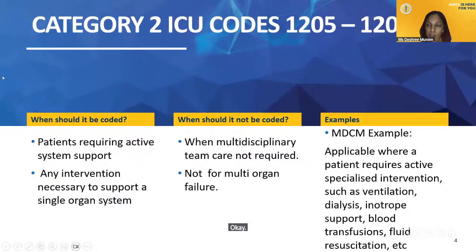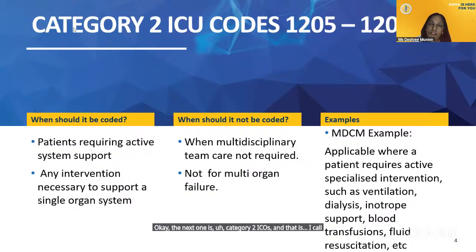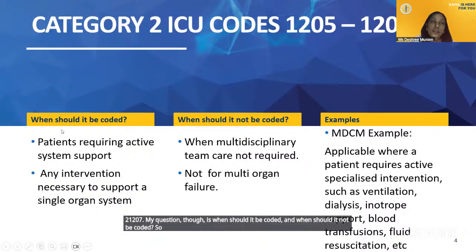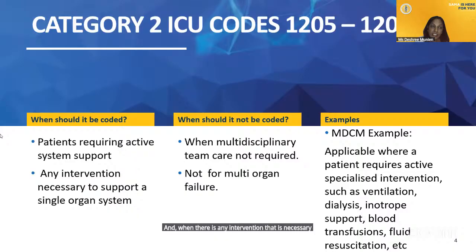Okay, the next one is category 2 ICU, and it is the item code 1205 to 1207. The question is, when should it be coded and when should it not be coded? So the item code 1205 to 1207 can be appropriately coded when patients require active system support and when there is any intervention that is necessary to support a single organ system.